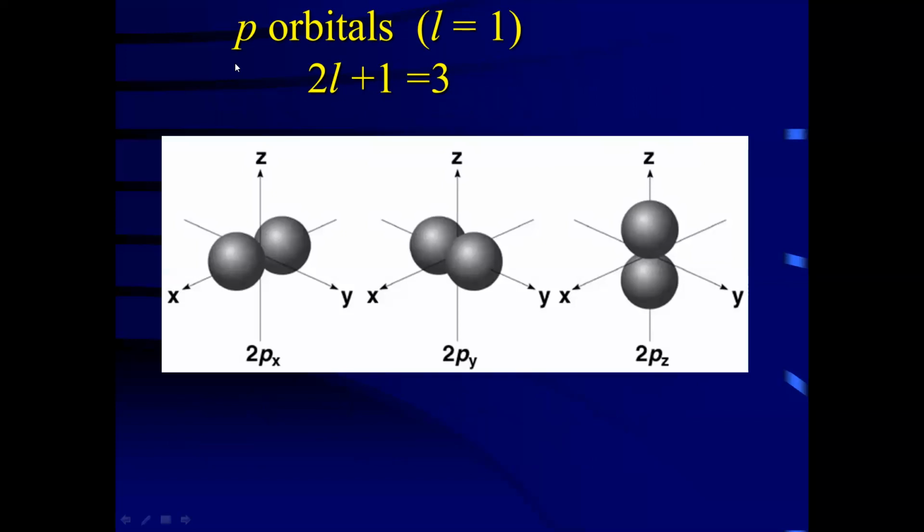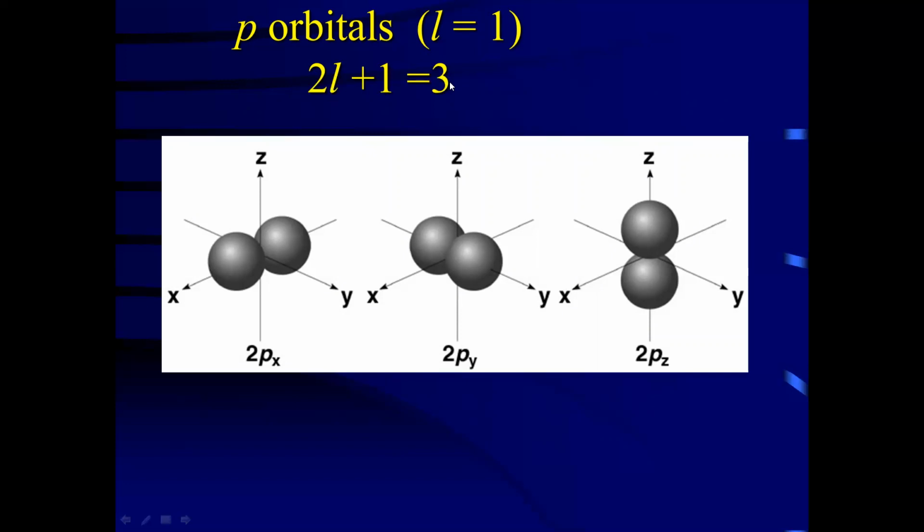Here is an example. If you remember the first slide I showed you, when L equals 1, it corresponds to the P orbital. So for the P orbital, using that calculation, 2L plus 1 equals 3.